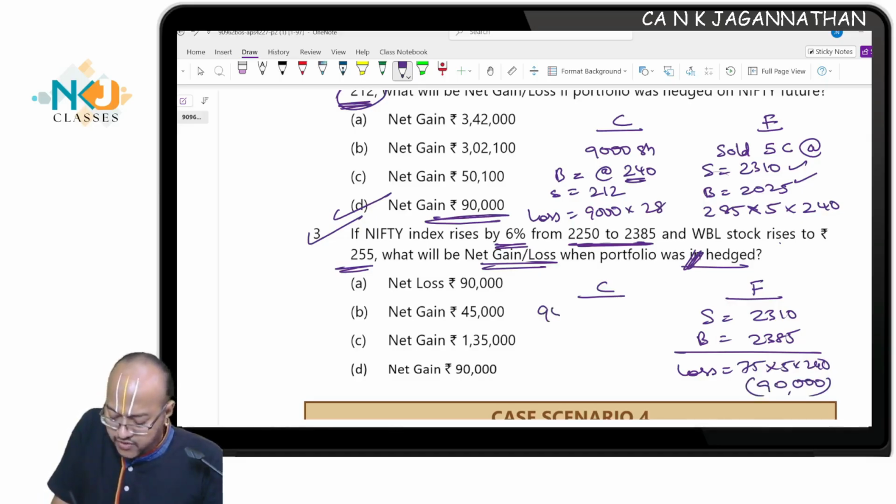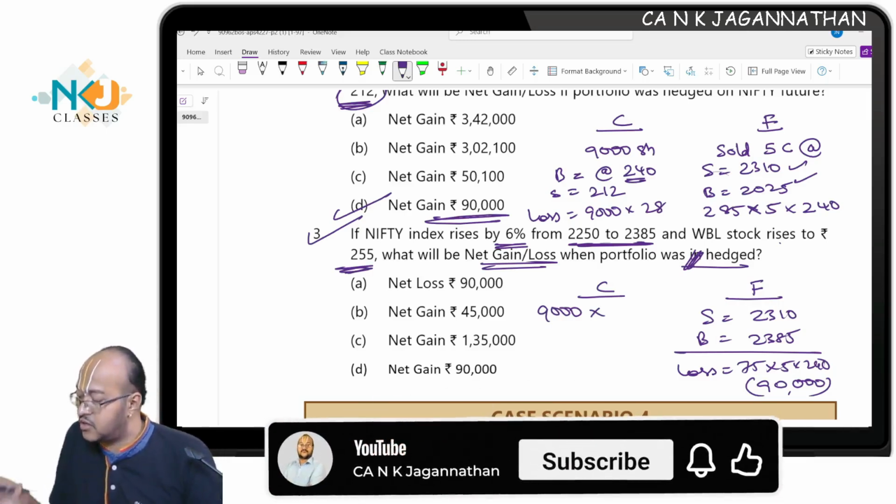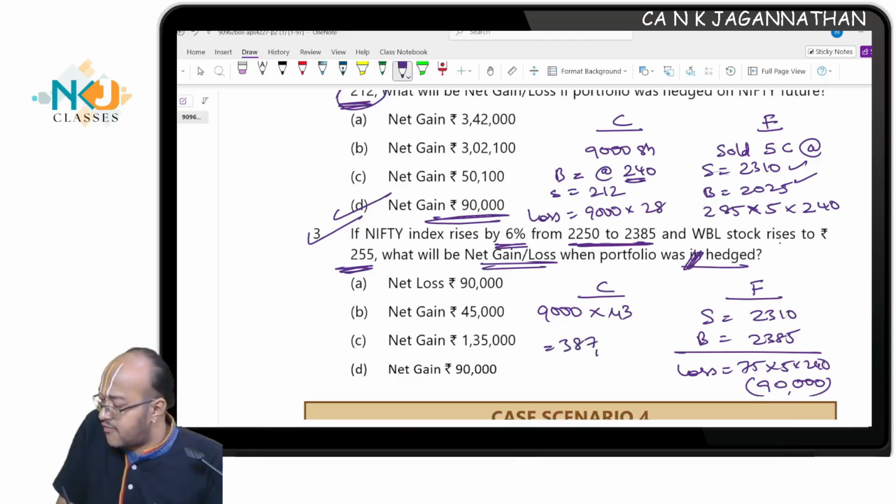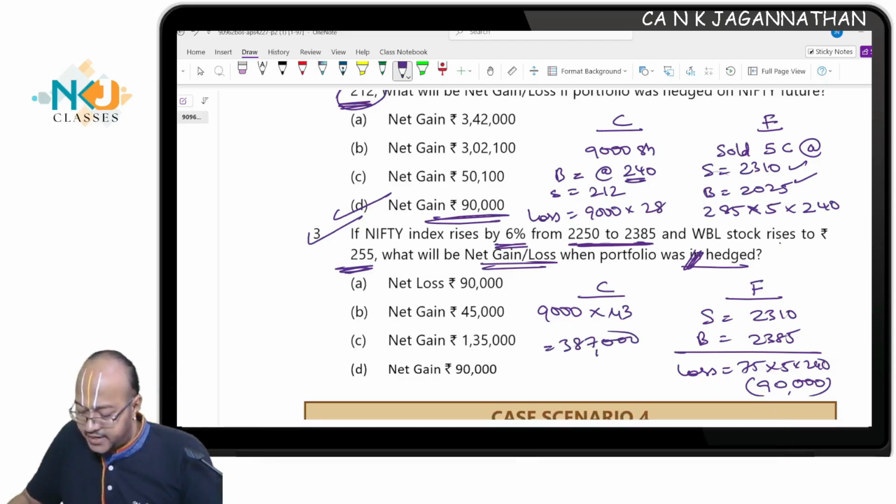And in the cash market, you have 9,000 shares. You bought the share at 212 and now it became 255. So 255 minus 212, how much is that? 43 into 9,000, 3,87,000.